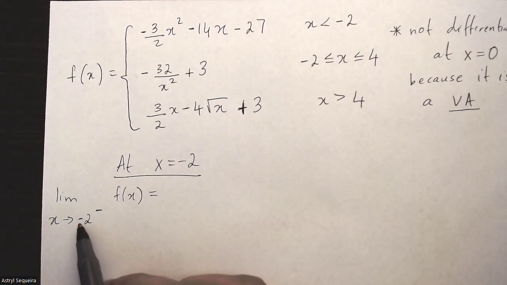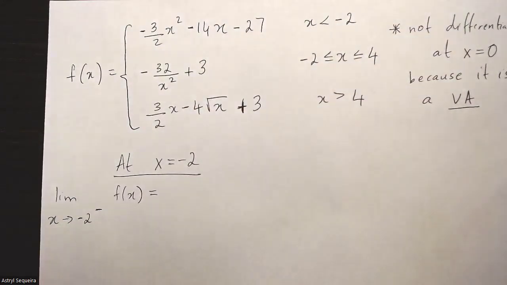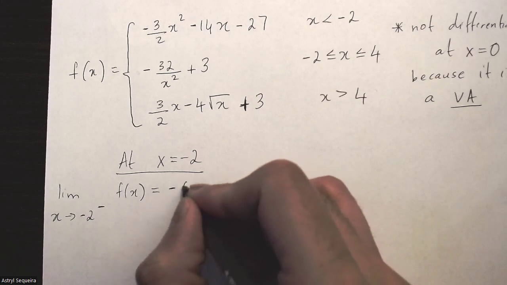All I'm going to do is sub in -2 into this first equation. I'll do that in my calculator, and I get -5.